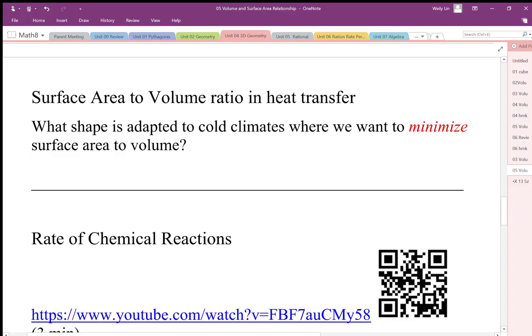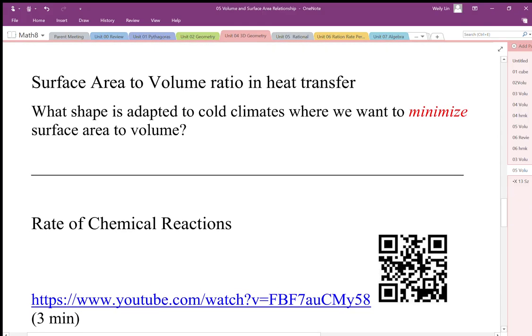So when we look at surface area to volume ratio and heat transfer, what kind of factors do things in cold climates use to adapt themselves to the cold so they have less heat transfer? Okay, so they want to minimize the surface area to volume ratio. The type of things that they do is they're smaller, more compact.